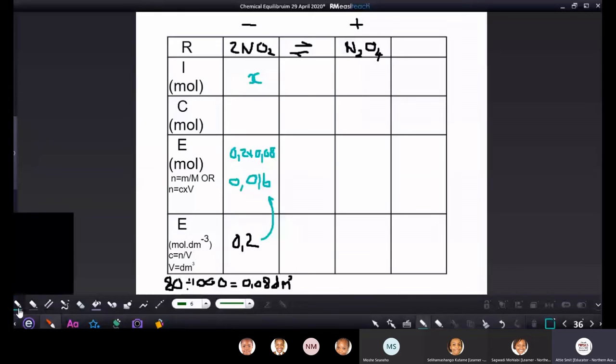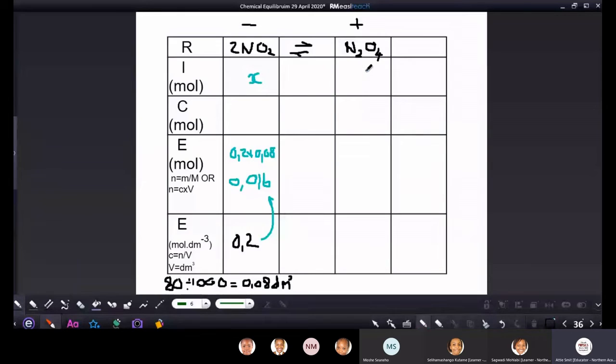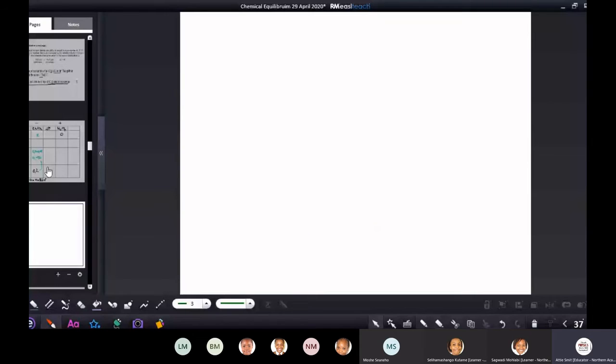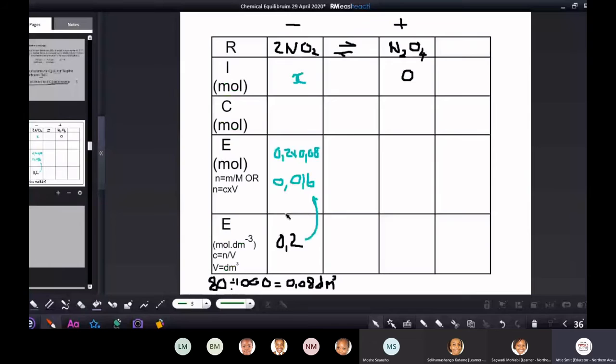What else do I know? I know in the beginning there's no products. So what minus what gives me 0.016? We need to find out what this answer is. If you look here, this is what they gave us. We can convert it to moles, but they want the initial value.